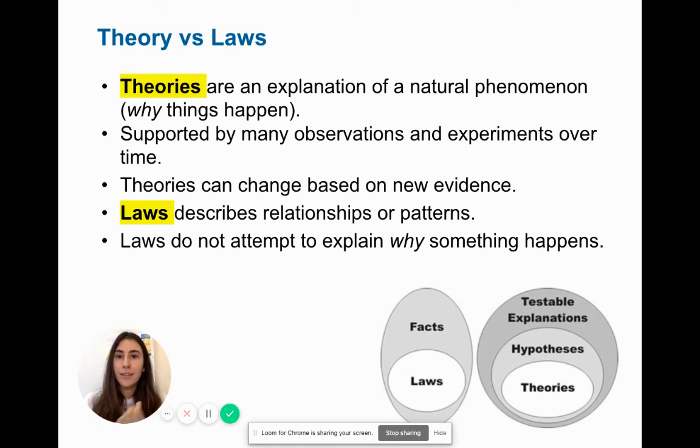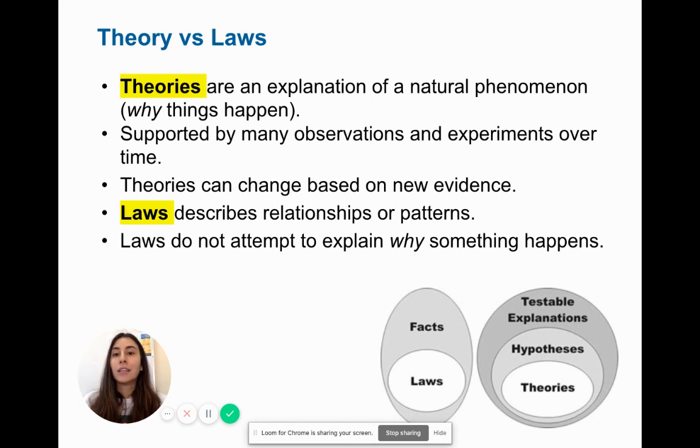So a theory is essentially a hypothesis that was supported by many observations and many experiments over a long period of time. Theories can change and they can be disproven, because as we advance through time and as we advance through technology, we might come up with new experiments or technologies that help us disprove certain theories.